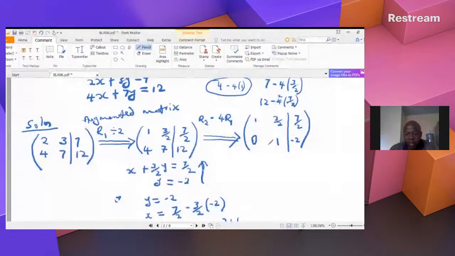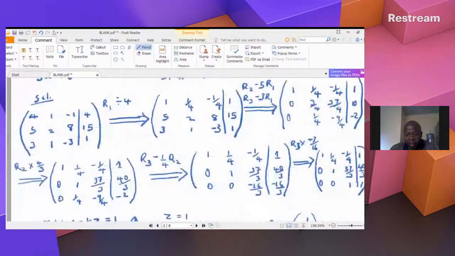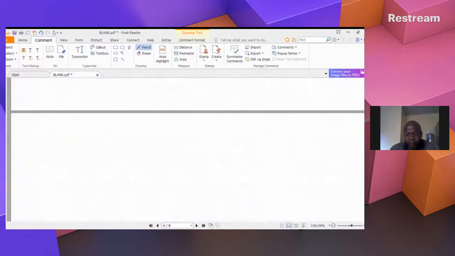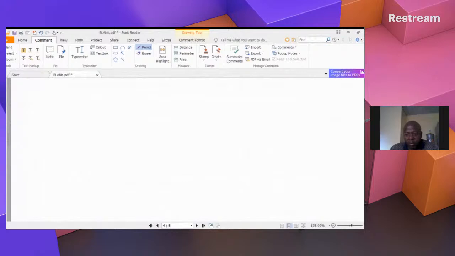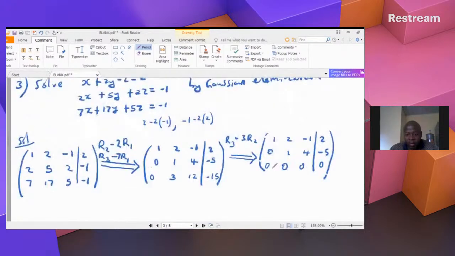So the row was not entirely of zeros. But look at the example that we have at hand. The row is entirely of zeros. We have 0 plus 0 plus 0 equals 0.